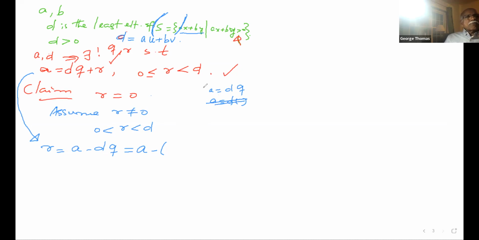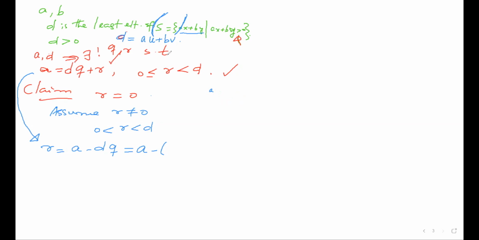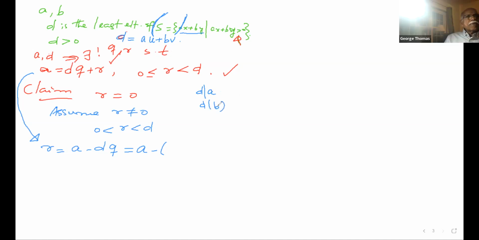And that's one of the things we want. That's how we simplify the GCD. We will see if we can prove that d divides a, d divides b. If d divides a, d divides b, and d is the biggest such divisor, we are done, isn't it?